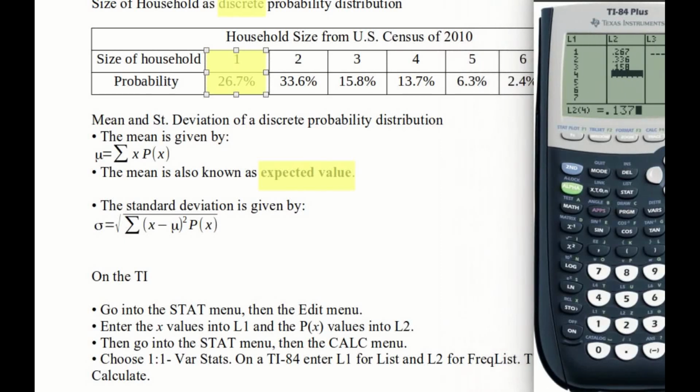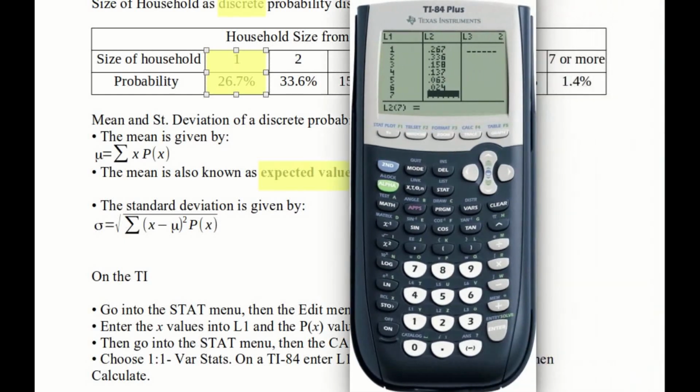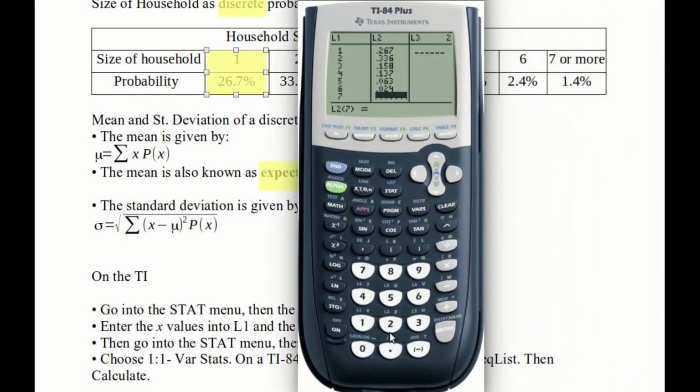We're now at 5. I need to enter that. 0.063. I'm using the percentage to make this into a decimal. 6, 0.024. And let's see what it says for 7 or more.